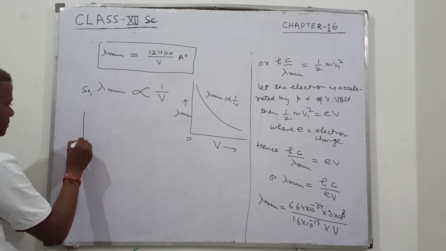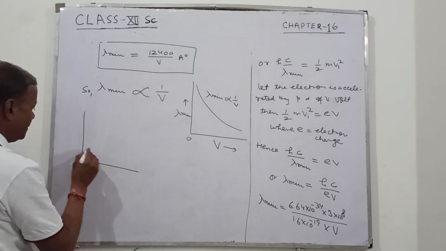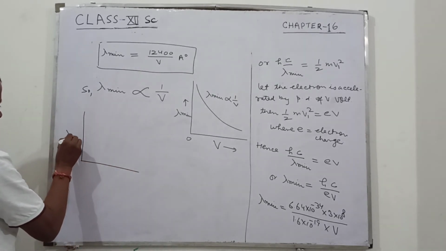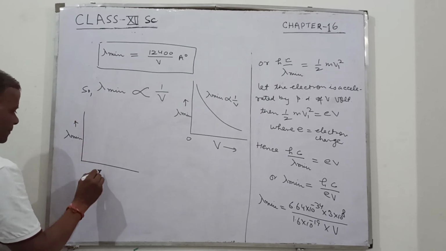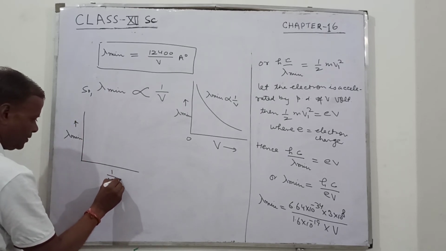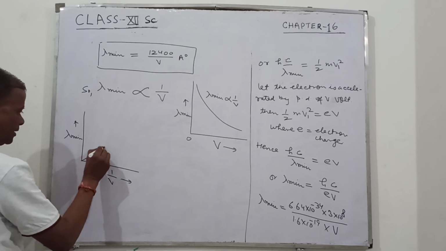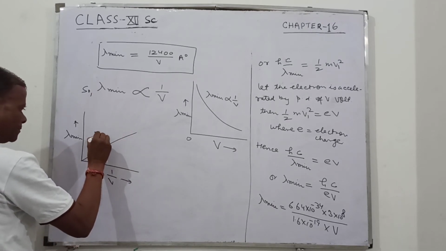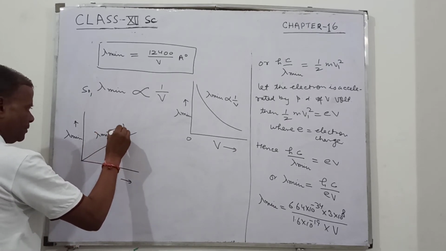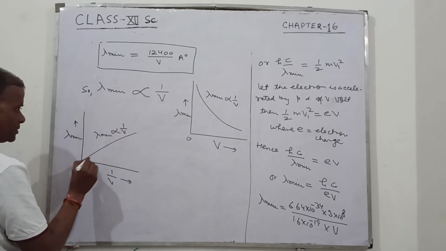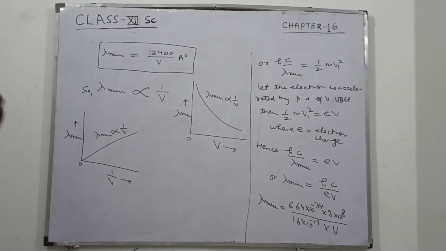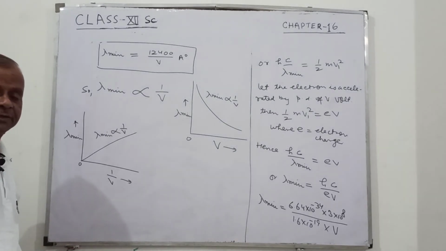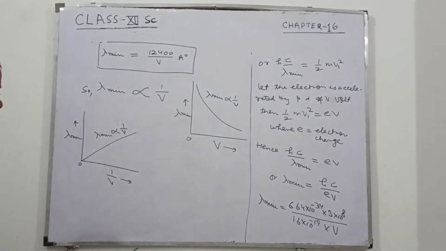Or if we plot lambda minimum against 1 upon V, we will have a straight line through the origin. So the minimum wavelength of the X-rays depends upon the potential difference.